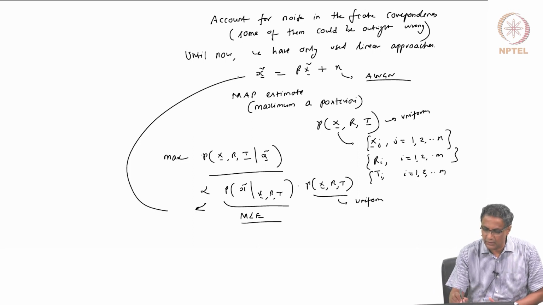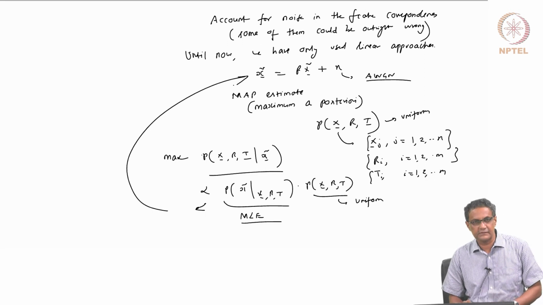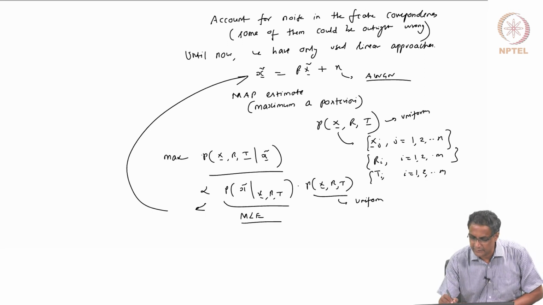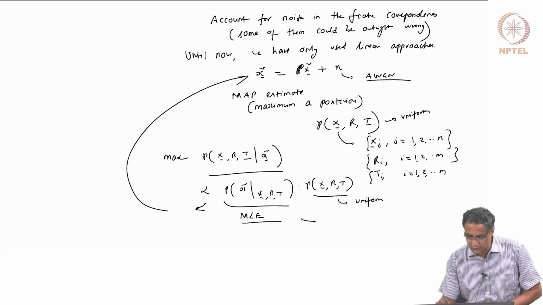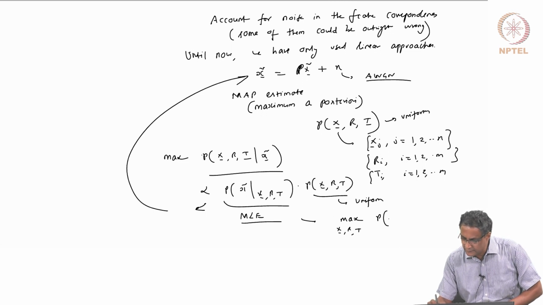And if you have a model like this, where x tilde is related to x, R, t in this form, where P will contain your R and T, and x tilde has your x, then this is equivalent to maximizing, with respect to x, R, t, P of n equal to x tilde minus P x tilde given x, R, t.